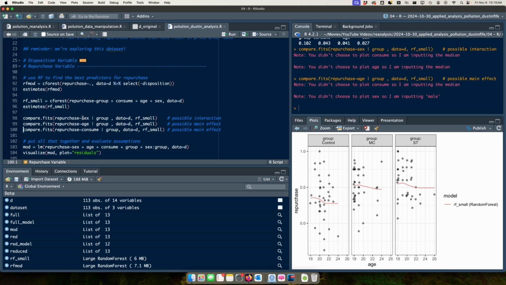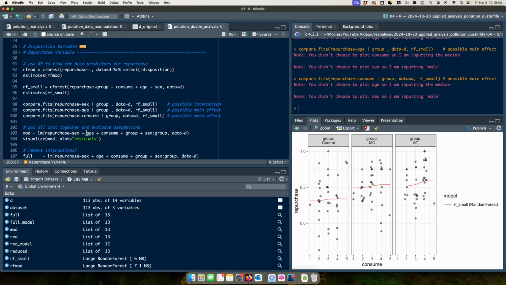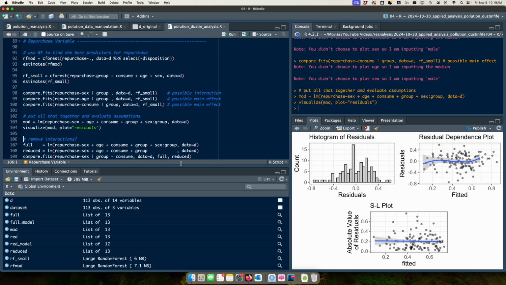There's a little bit of a slope and maybe, probably not an interaction though, just a little bit of slope, but not much. And then consumption and age, those slopes seem to be mostly parallel, so I'm going to say possible main effect for that one. So just as we did before, I'm going to build a massive model with all these variables together and then study the residuals.